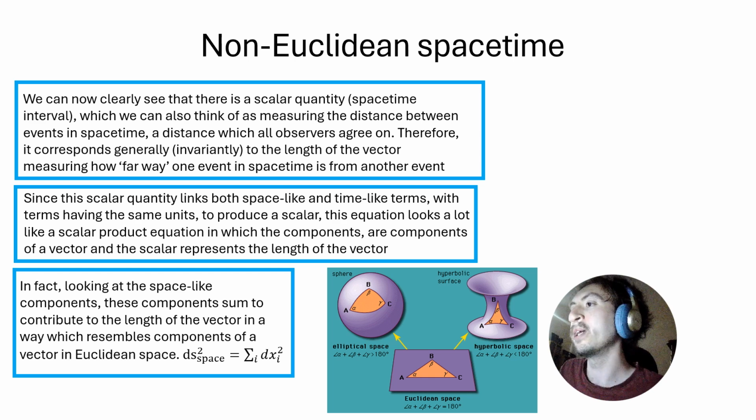Because if we're finding the length of the space component of our vector, we do as we usually would. We consider space to be Euclidean, and therefore the total distance squared is equal to the sum of all the individual component distances squared. This is just Pythagoras' theorem, but I put i because I don't want to assume we have three dimensions of space, even though I think for all of this playlist we will assume we do.